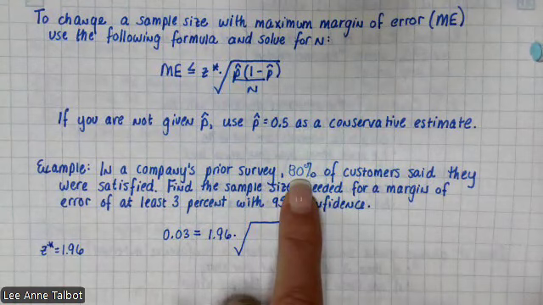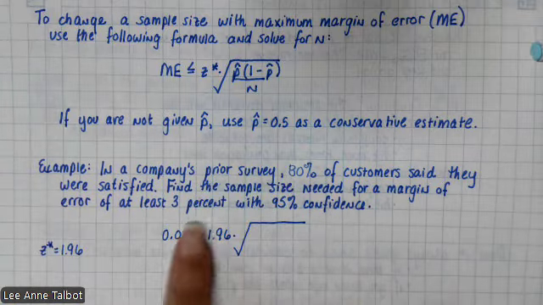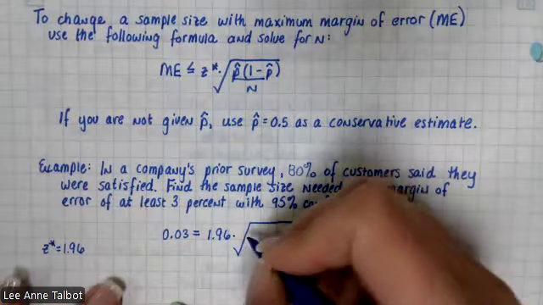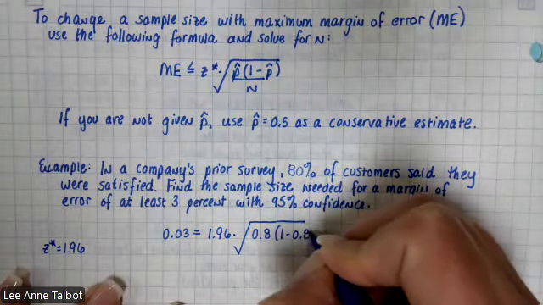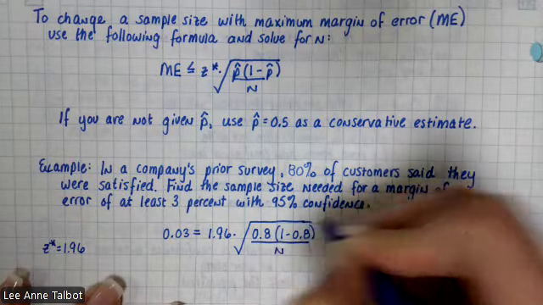Okay, in this problem, they give you a p hat of 80%. But remember, if they don't give you one, don't panic. You're just going to use 50-50 as a conservative estimate. 0.8, 1 minus 0.8, over n.